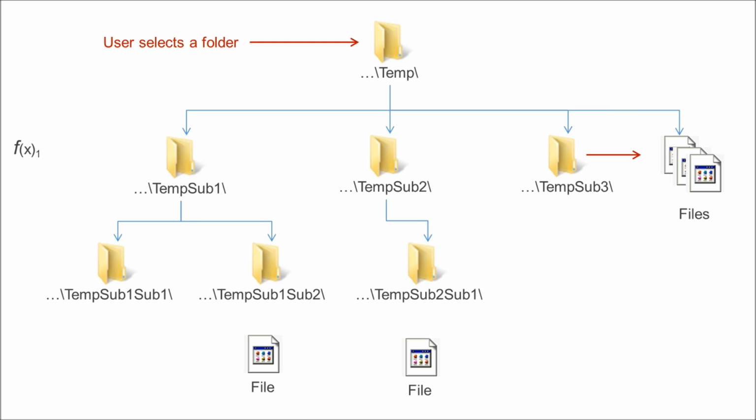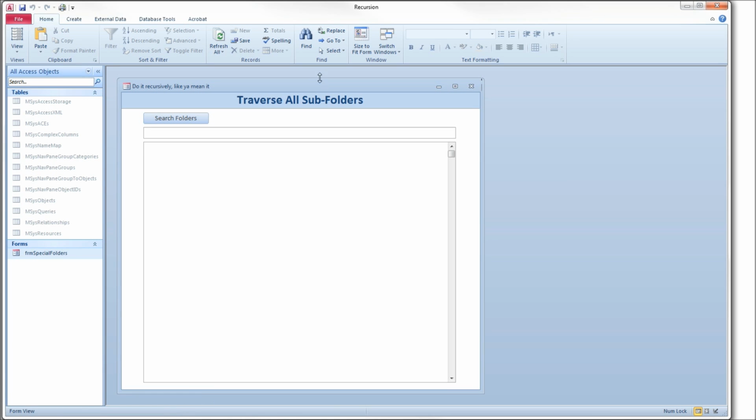So let's have a look at our database. I have a form here. Here's the button that will open up our folder picker dialog. Below it is a text box where we will put the name of the folder that the user selected. And below here is a big text box where our recursive process is going to print, if you will, each folder and file that it finds and processes.